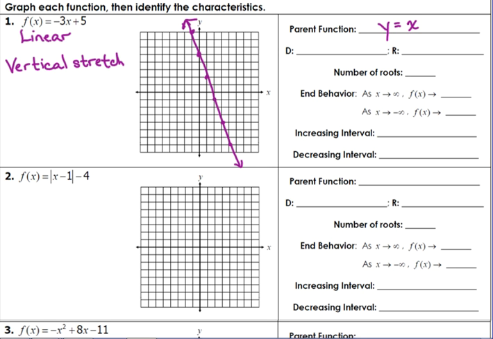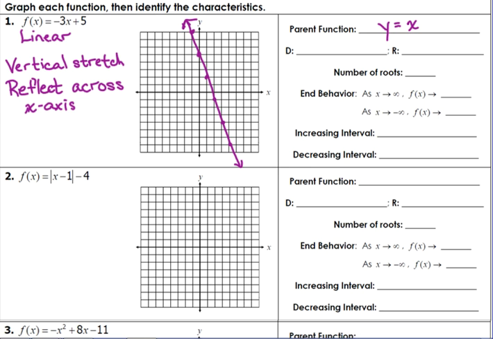All right, vertical stretch, because we multiplied it by 3. It's also reflected. If you think about the original, y equals x, it is increasing from left to right. This one decreases because it has a negative slope, but another way of looking at it is that the negative flipped it over.